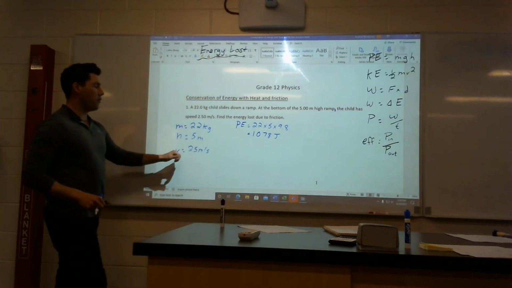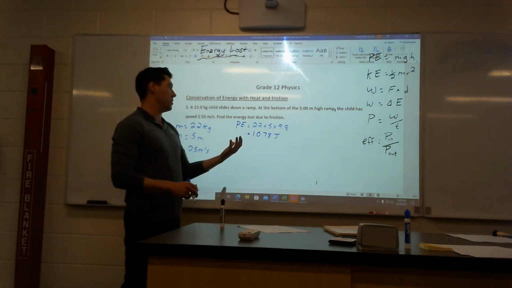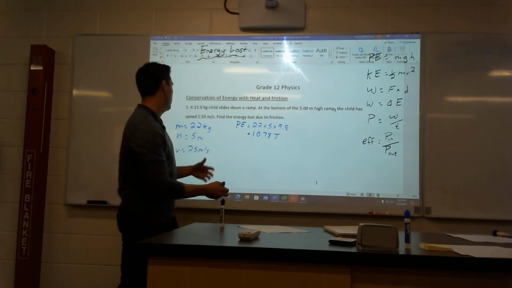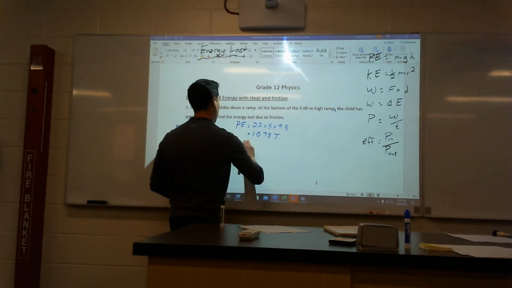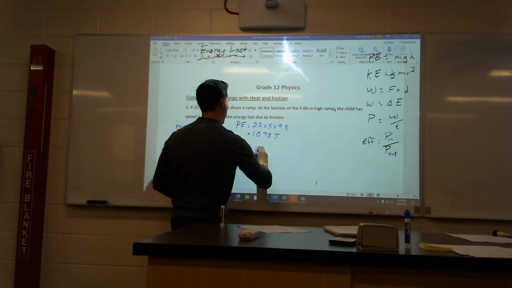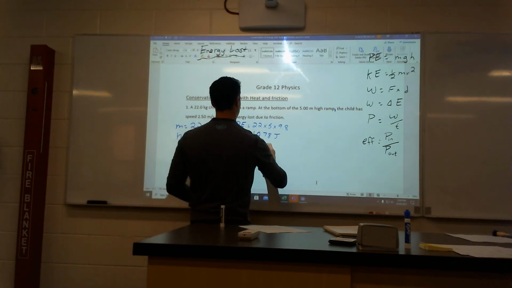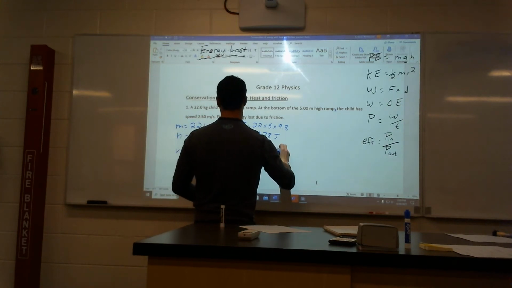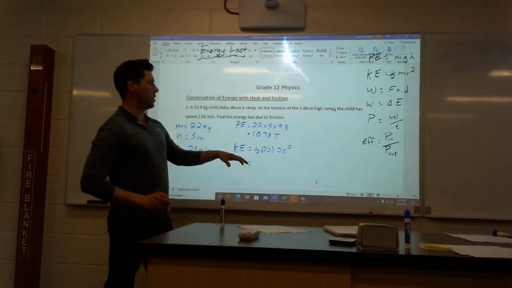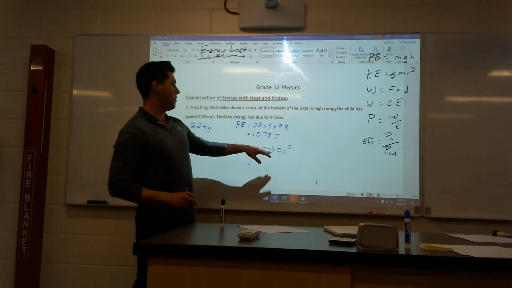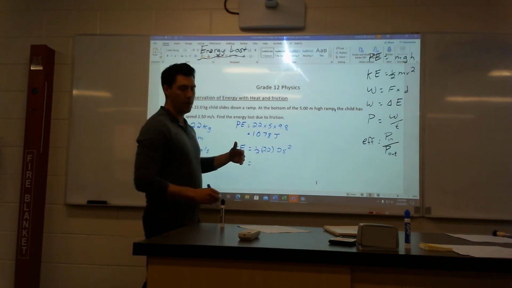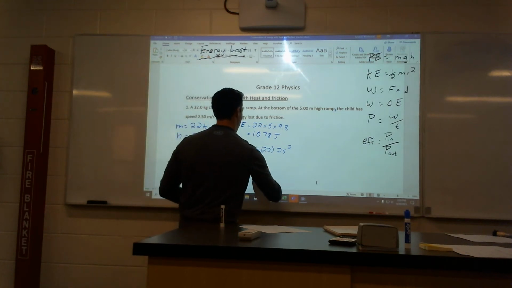The nice thing is I also have a velocity for this kid at the bottom, so I can find my kinetic energy, which is 1/2 times 22 times v squared, so 2.5 squared. When I do 2.5 squared times 22 times 1/2, I get something like 68.7 joules.